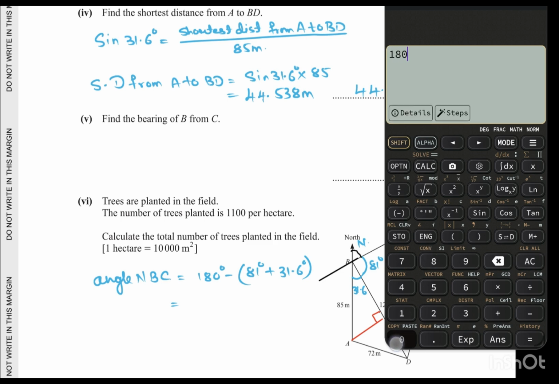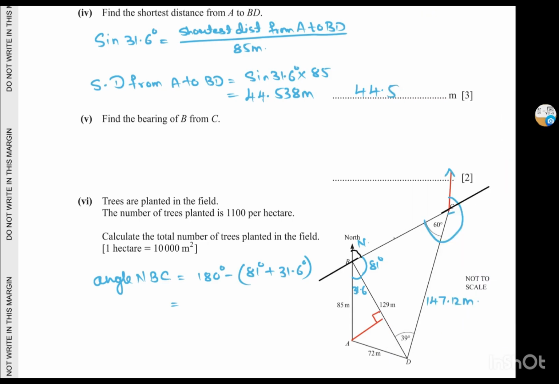So 180 minus 81 plus 31.6 will be 67.4 degrees. So this angle is 67.4 degrees. So this angle is corresponding to this angle here. So this angle is also 67.4 degrees, because now we need to find the bearing here.